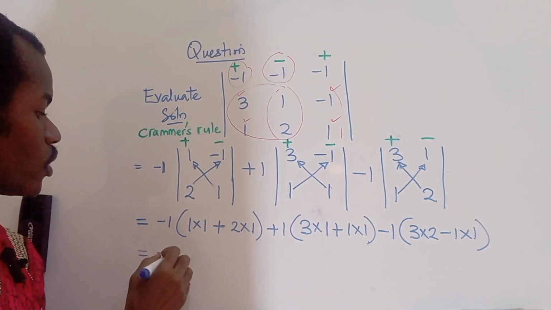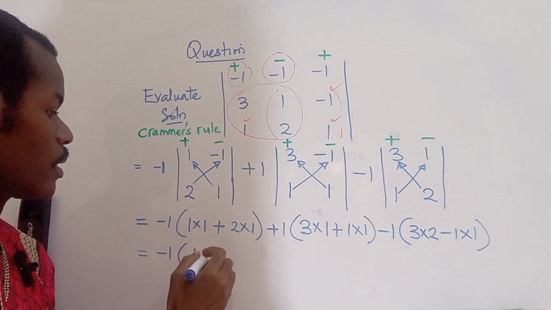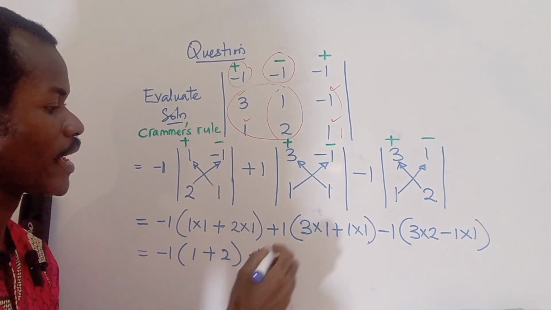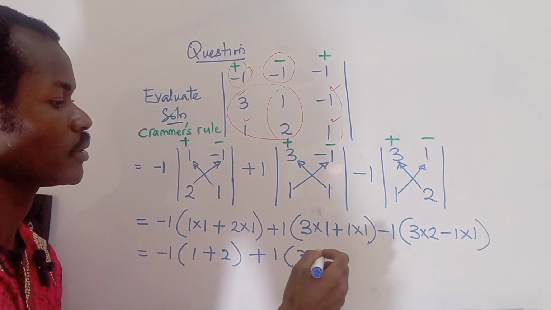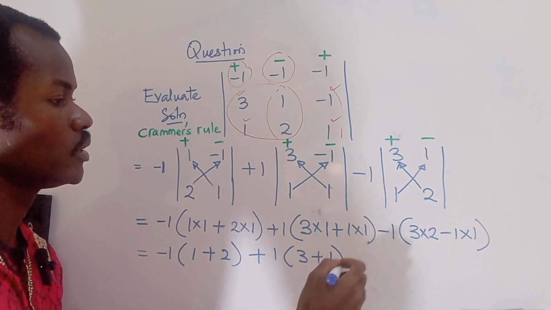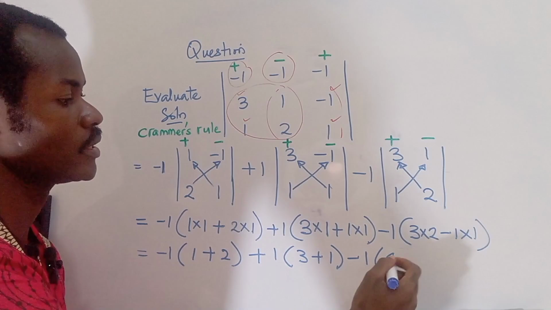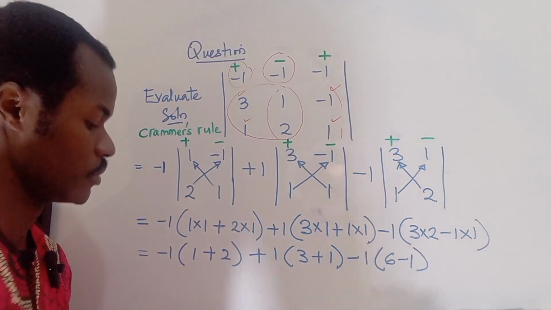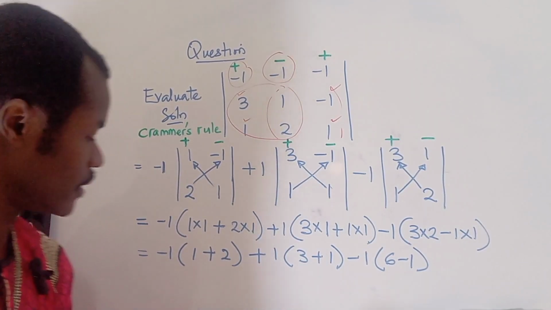So this is minus 1. 1 times 1 is 1, plus 2 times 1 is 2, so we have plus 1. 3 times 1 is 3 plus 1 times 1 is 1, minus 1. 3 times 2 is 6 minus 1 times 1 is 1. All right, now that we have this, we can solve further.